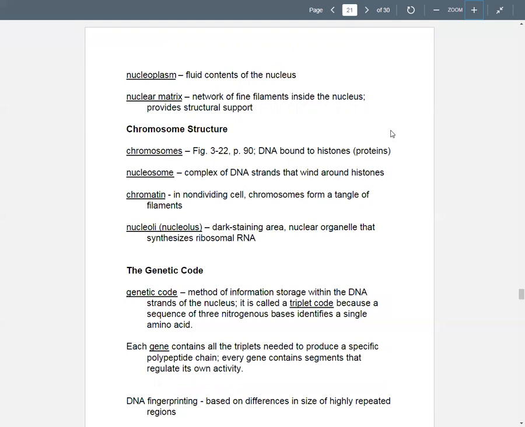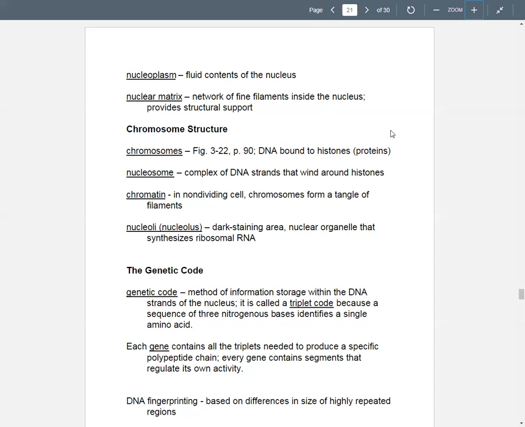So just like you have cytoplasm inside your cell, you have nucleoplasm or fluid inside your nucleus. And just like you have sort of a cytoskeleton in your cell, you have a nuclear matrix inside your nucleus. Here's your nucleus, some structure, has some filaments in there.